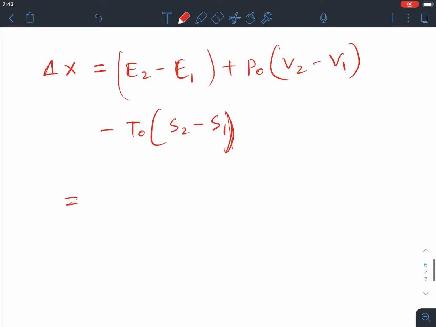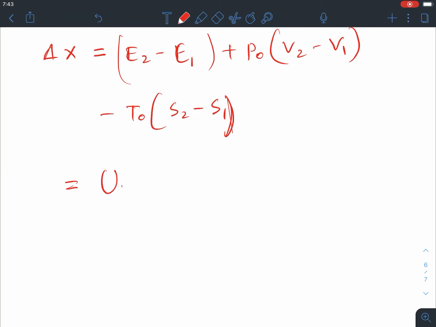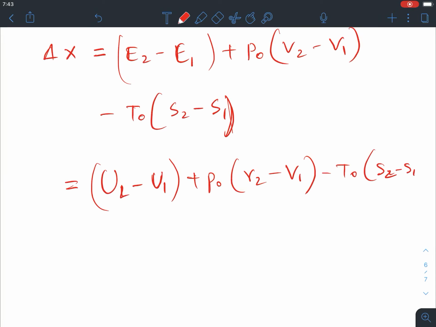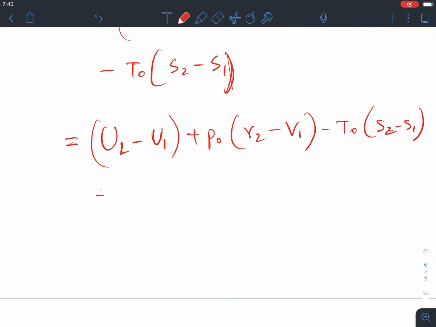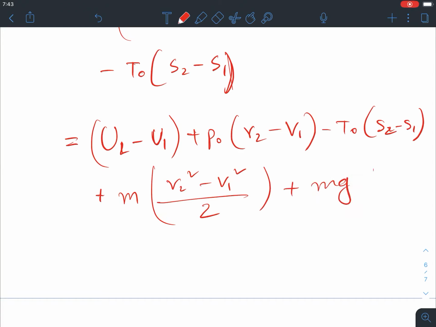Or if you would like to write it in terms of internal energy, you can write that too: U2 minus U1 plus P naught times V2 minus V1 minus T naught times S2 minus S1, plus m times V2 squared minus V1 squared divided by 2, plus m times g times Z2 minus Z1.